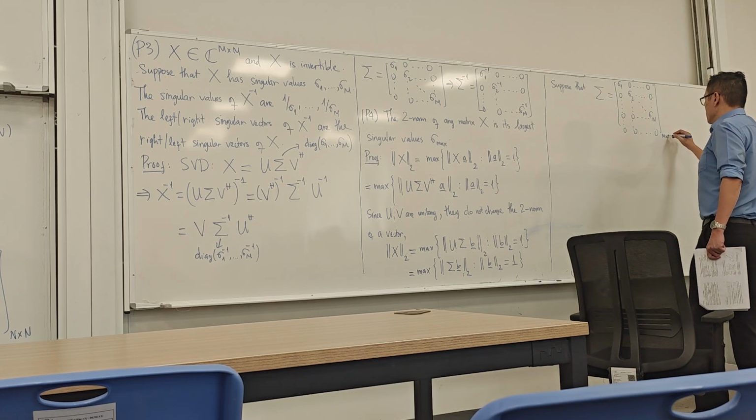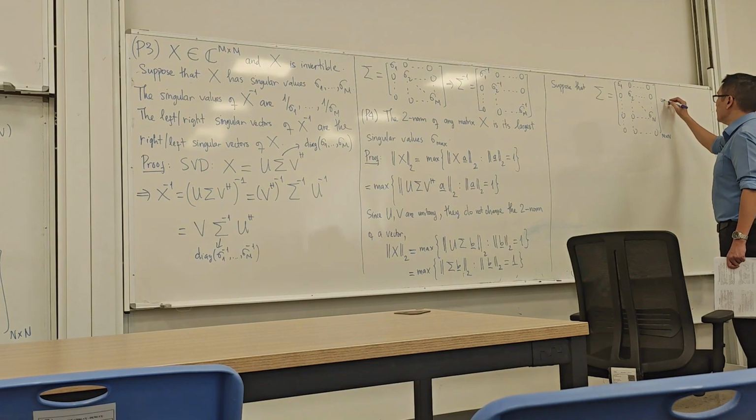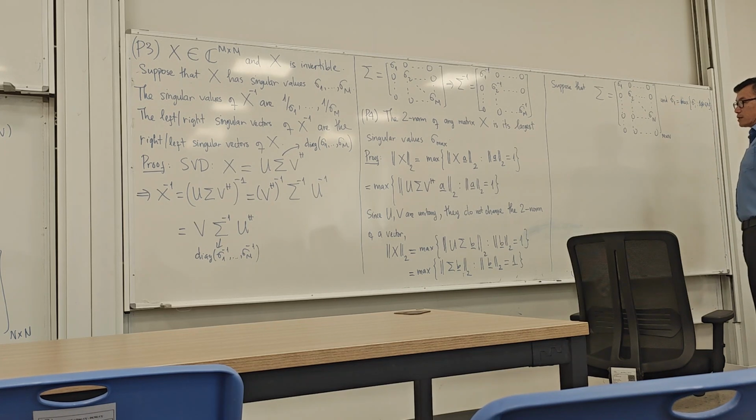This is n by n. And suppose here that sigma 1 equals the maximum of sigma i, i going from 1 to n.